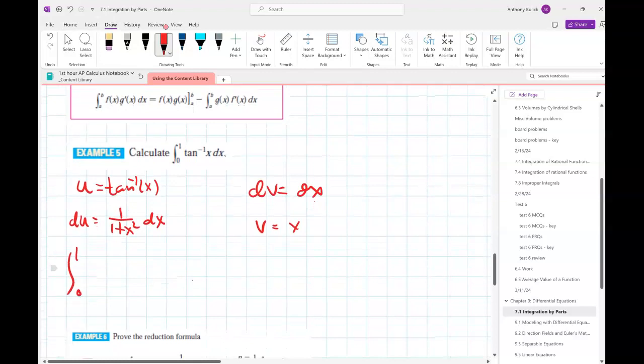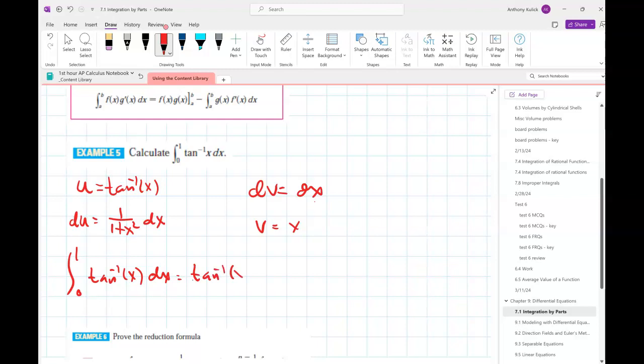Okay, so our integral from 0 to 1 of tan inverse of x dx is u times v evaluated from 0 to 1, minus the integral from 0 to 1 of v du. So far, so good.